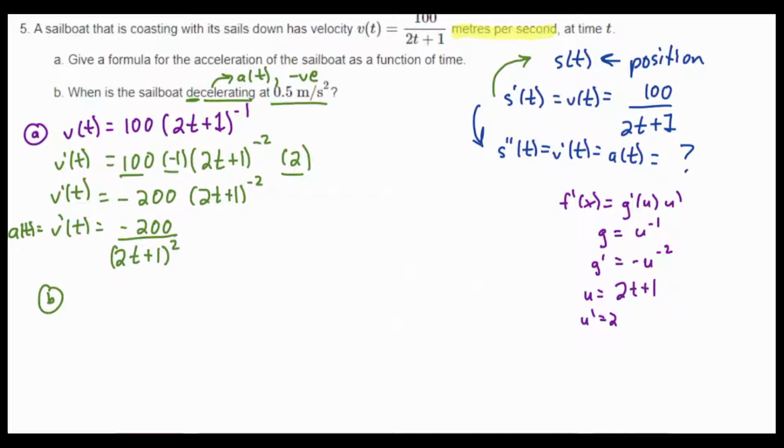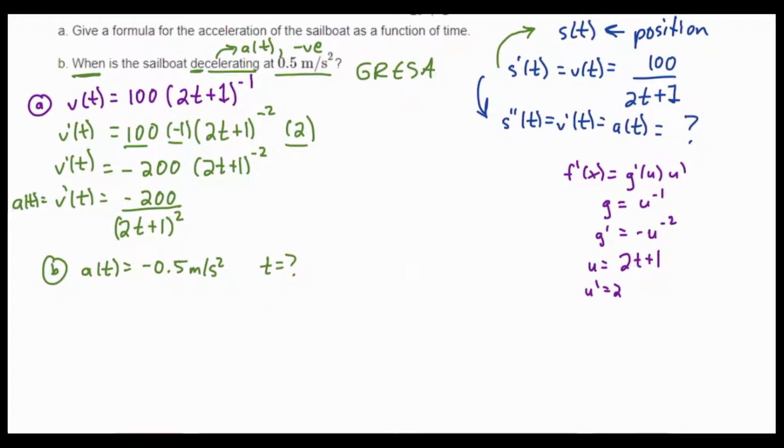What is our required? We need to find the when, so the time. So our given, we're given a of t is equal to negative, because it's decelerating, 0.5 meters per second squared. I want to find the time. Do I know the equation? Yes, I do. Let's plug it in and solve.